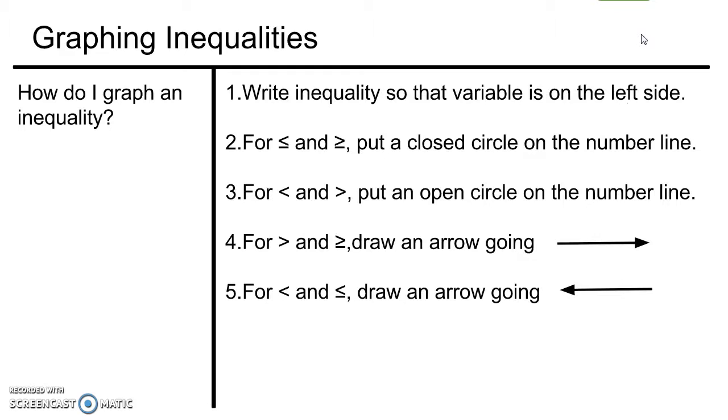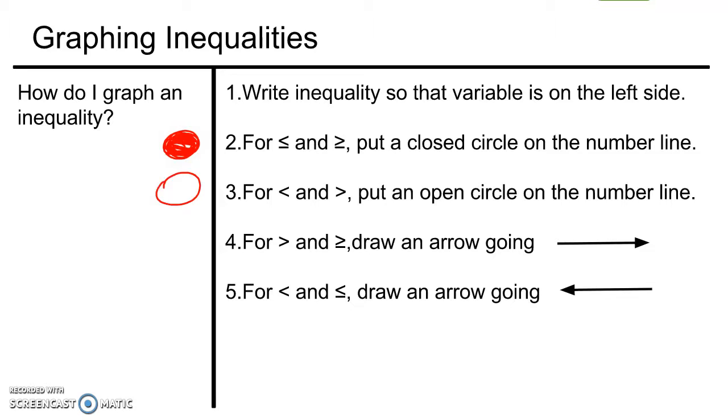Okay, review of graphing an inequality. This also should be in your notes. You may want to jot it down if you've forgotten or can't find your notes because you need a little reference page for what to do. When we have less than or equal to and greater than or equal to, you put a closed circle on the number line. That means a circle that's been colored in all the way, because that solution set includes that number. For less than and greater than, we put an open circle on the number line.